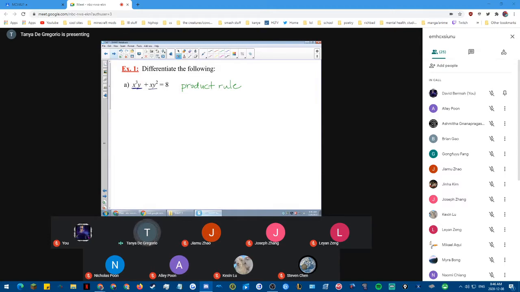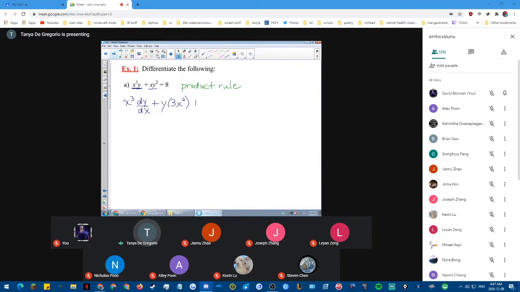So using our product rule, it's the first times the derivative of the second. You can either write y prime or you can write dy/dx. Both are correct. For this example, I'm going to write dy/dx, because the derivative of y is y prime. We know this. So the first times the derivative of the second plus the second times the derivative of the first.